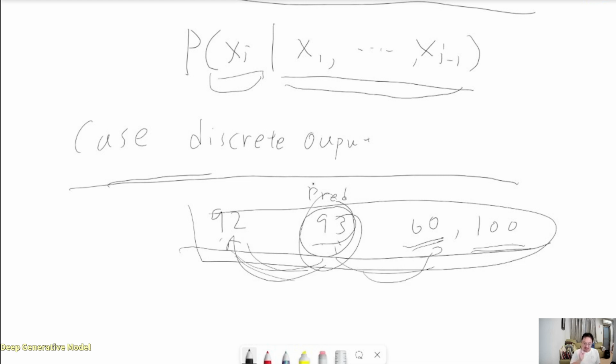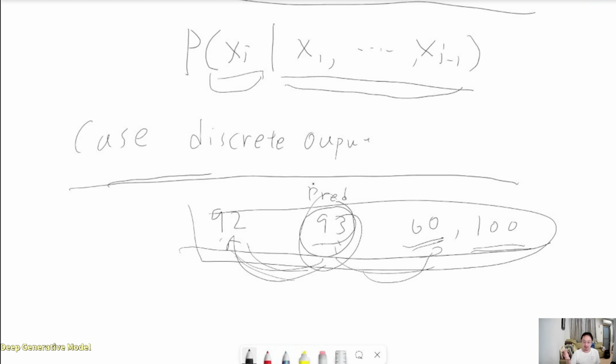So consider the structure of the output. If you wish to design a neural network, or any machine learning model, one of the first things you should do is consider the structure of your output.